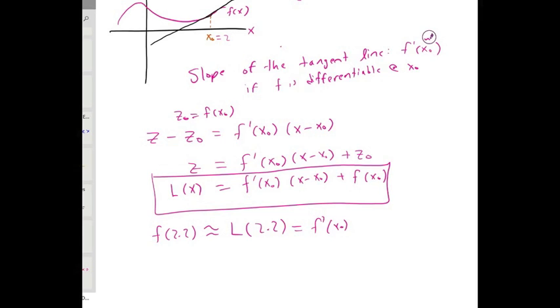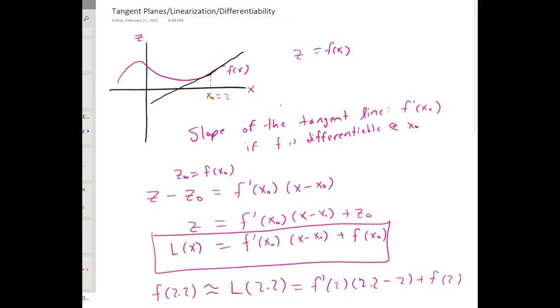So the x0's stay. That's just where your approximation is centered. And we know our x0 is 2, so that's how we'd approximate. So we have a linearization. Its geometric interpretation is the tangent line, and it only works if our function is differentiable.